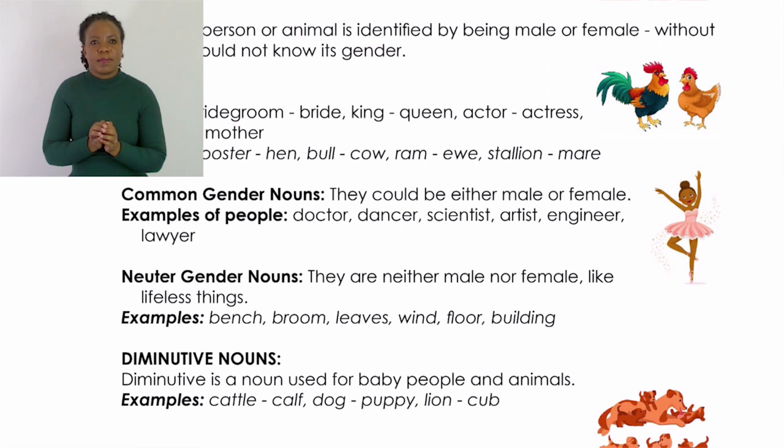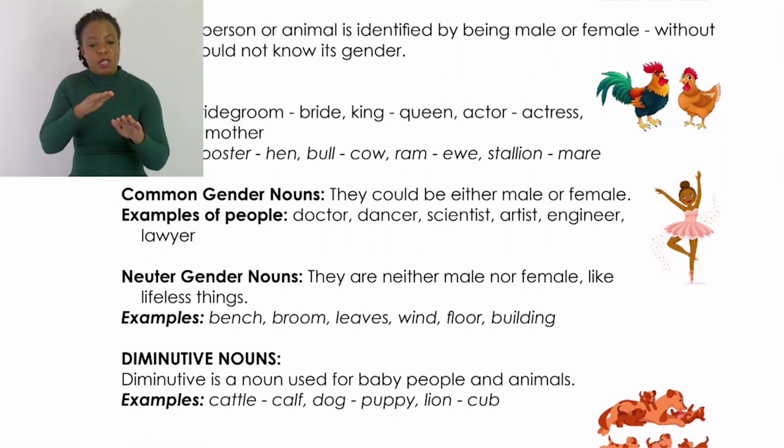There are also other gender nouns that we call neuter. They are neither male nor female, like lifeless things, non-living things. You cannot say this table is a male table, or that chair is a female chair.